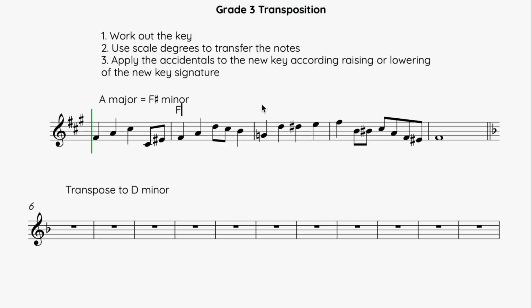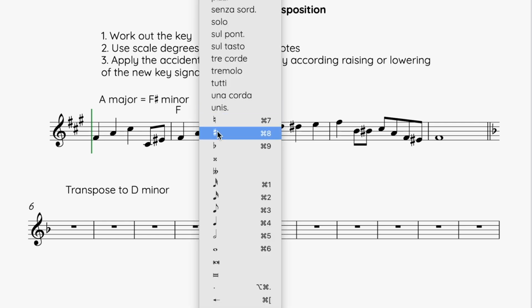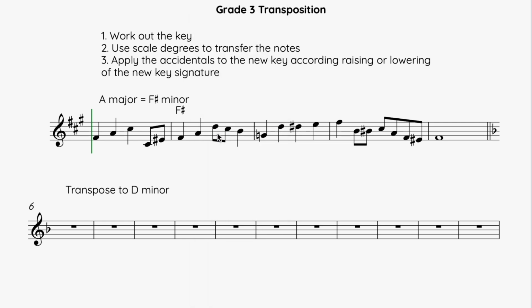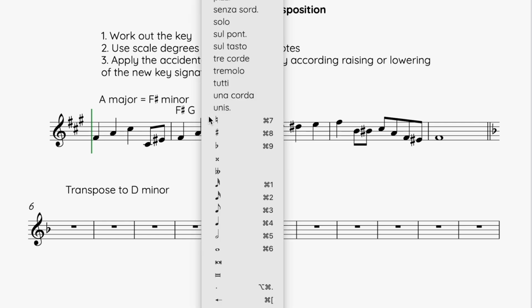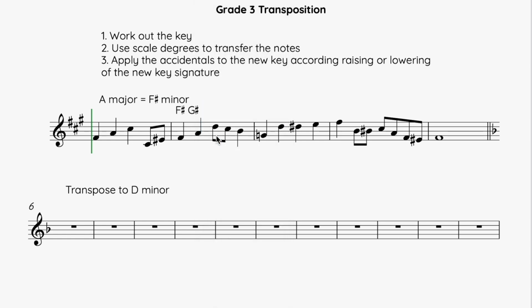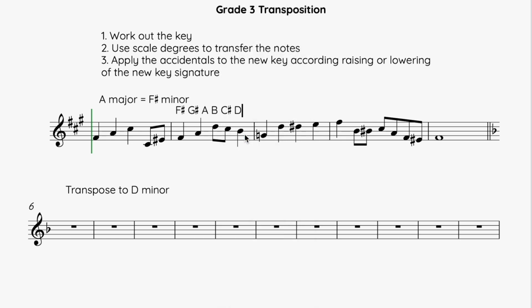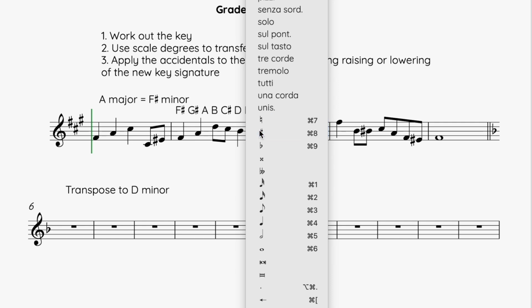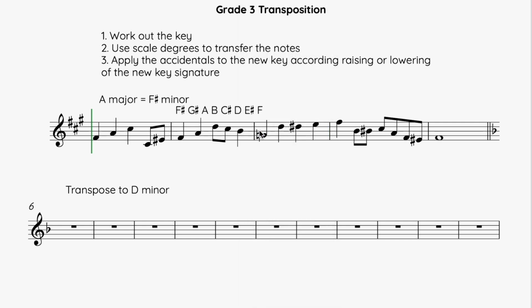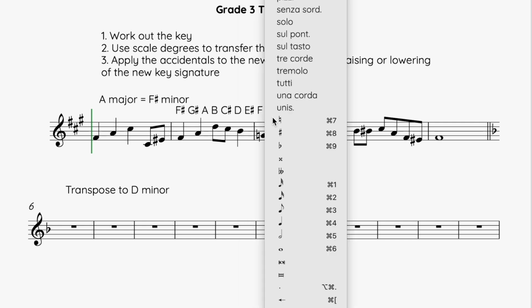Let's write the notes out, right? So we've got F sharp, we have G sharp, we have A, we have B, we have C sharp. So I'm writing the notes out of the scale. We have D, just a D natural, but rather than E, we raise the 7th note to become E sharp, going to F sharp.